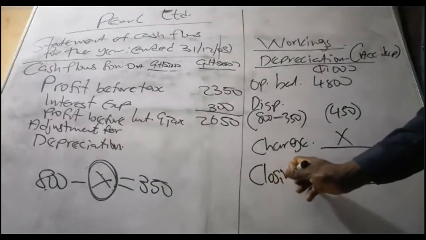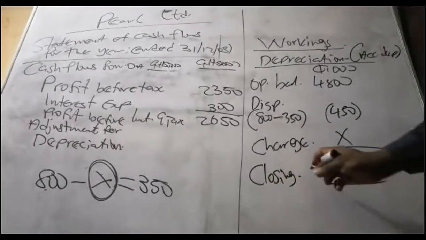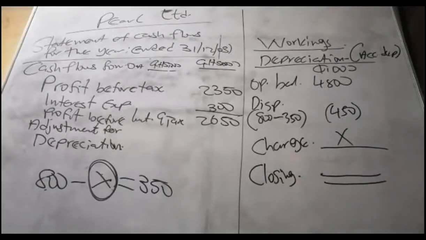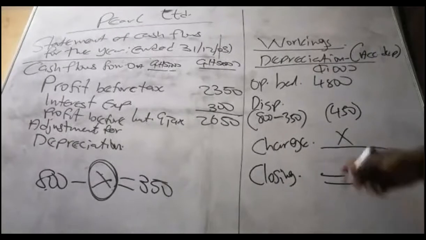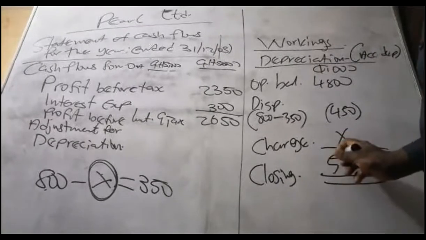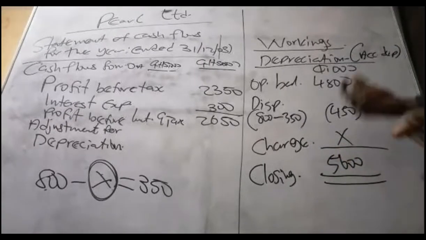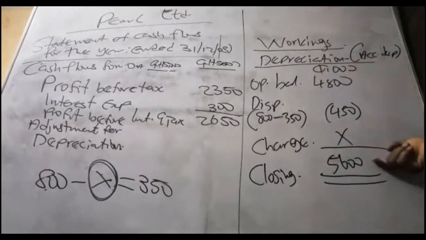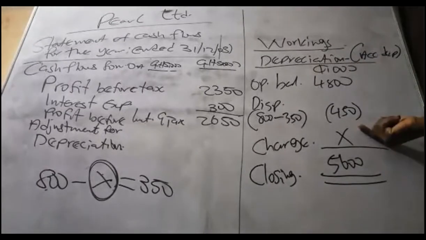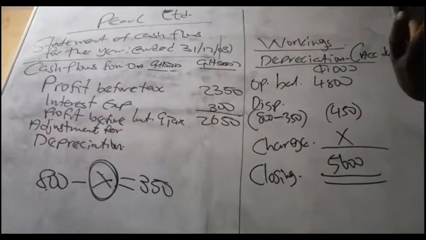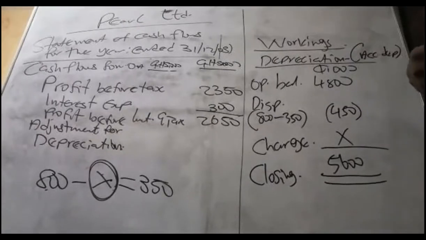What's the closing balance? The closing balance must be given to us in the question. If you check the accumulated depreciation, the closing balance is 5,600. So if I add all and I'm not getting the 5,600, then the difference represents the depreciation charge for the year.